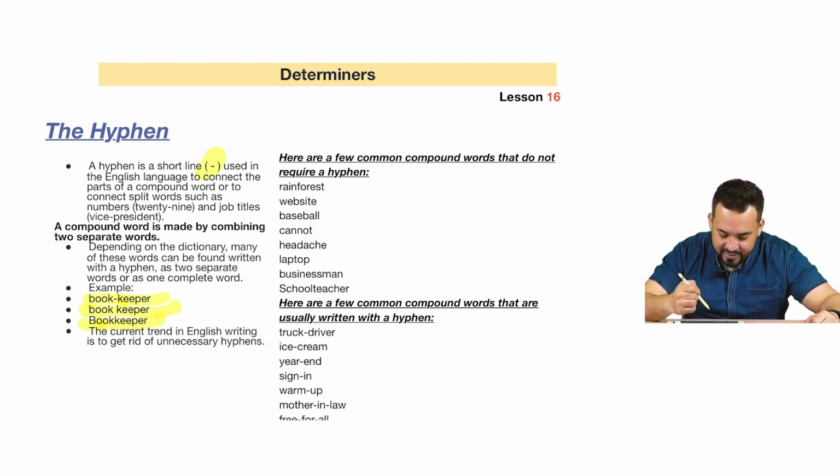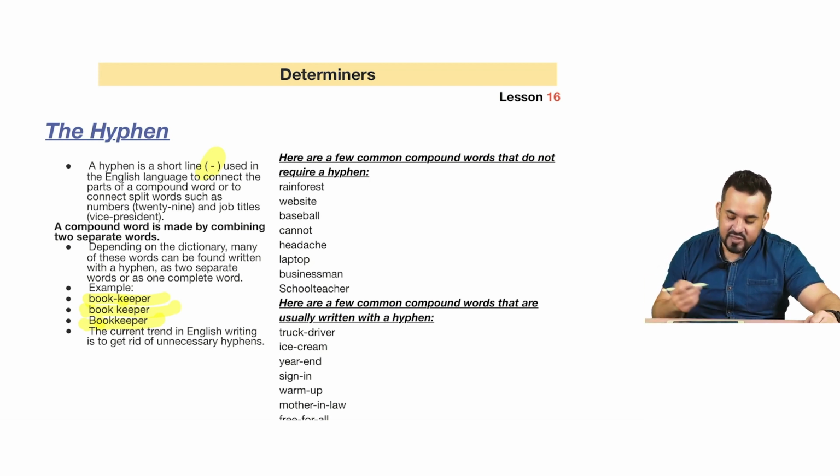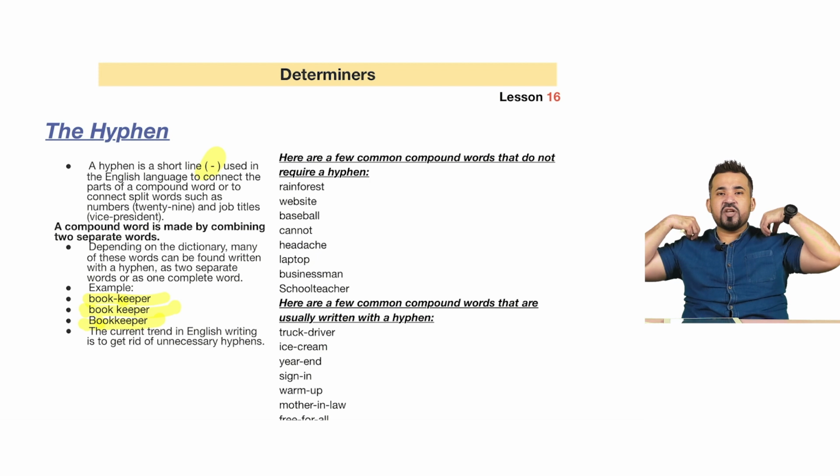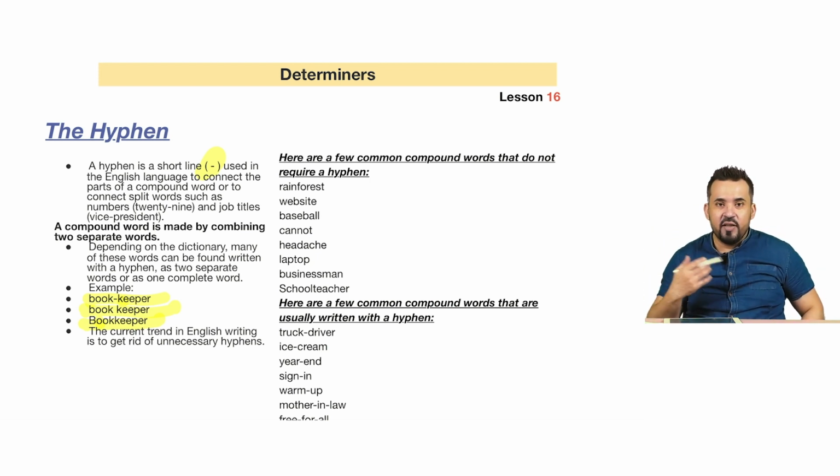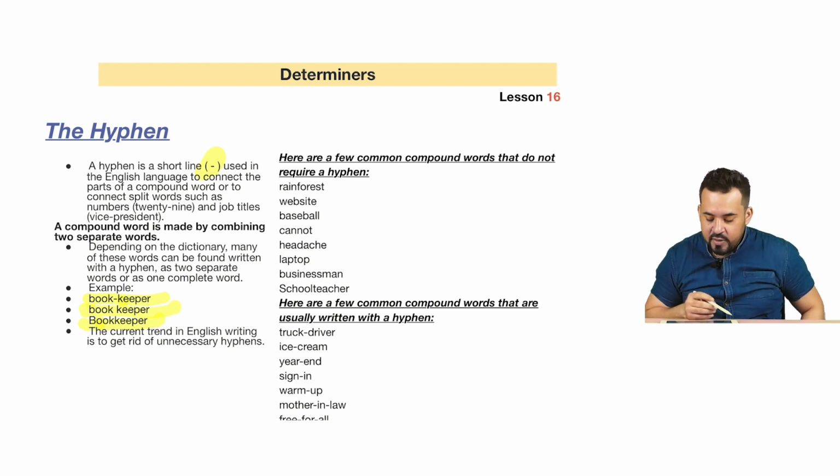The current trend in English is to get rid of unnecessary hyphens. So now in English, the current trend, because the current trend is a lazy trend, they don't want to add more things to their writing, so they just eliminate the hyphen.